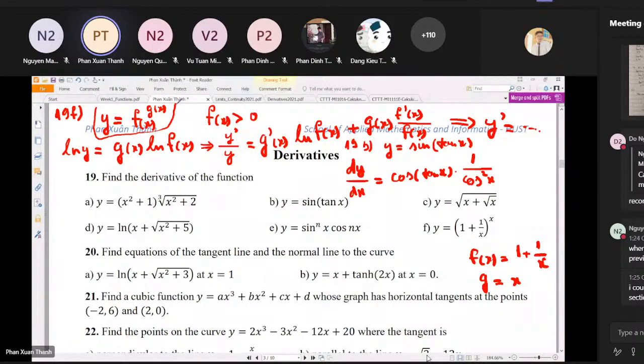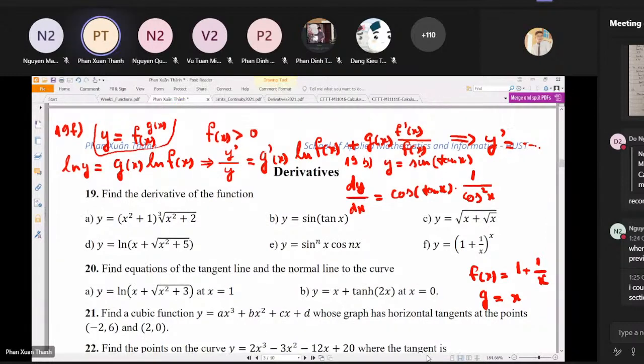Here we assume that f is positive. This is exercise number 19.